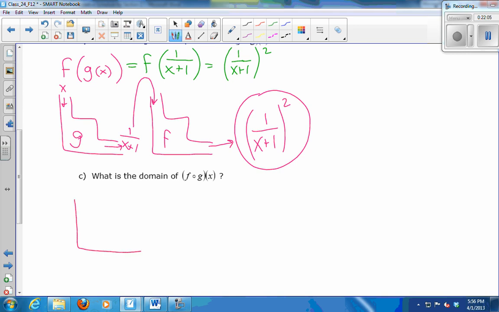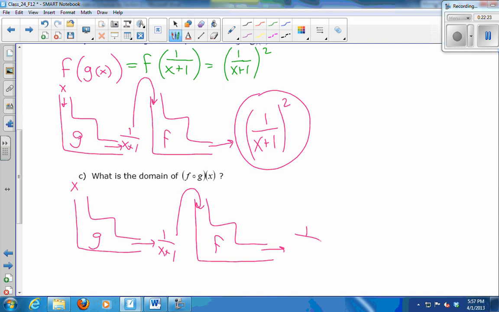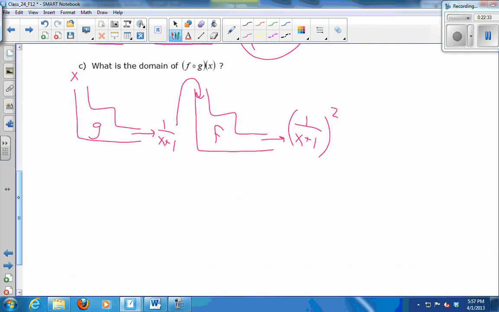So let's go ahead and draw my two successive machines for F composed with G. G comes first, then F. X goes in here. Out comes 1 over x plus 1. We put that into F. We get 1 over x plus 1 squared. This is just a picture of our composition. Same picture we just drew. This is how we calculate F composed with G.